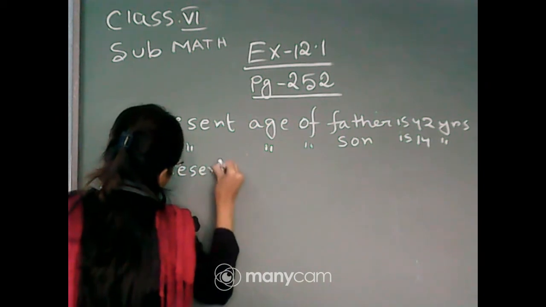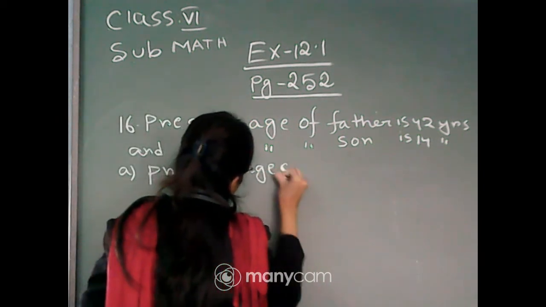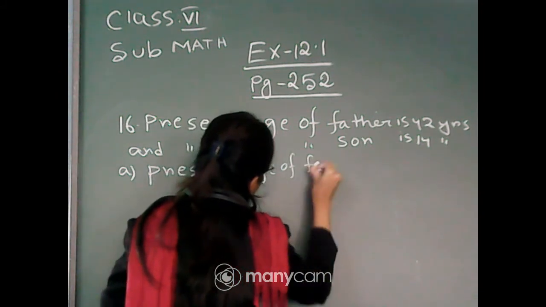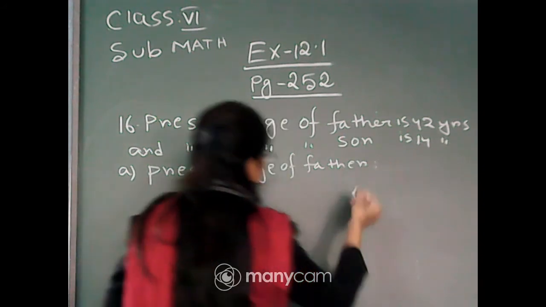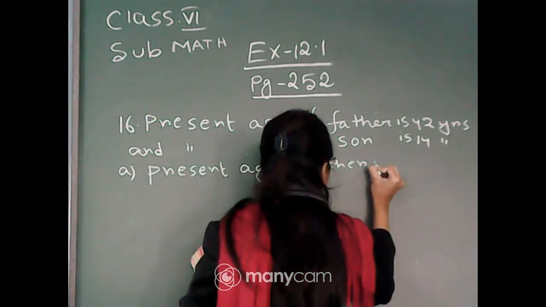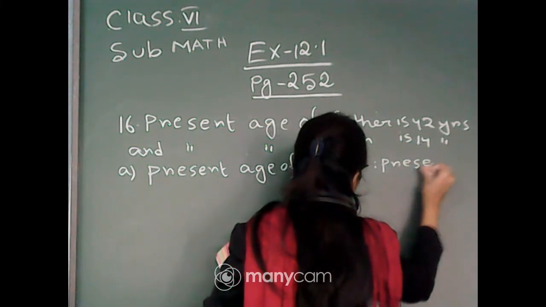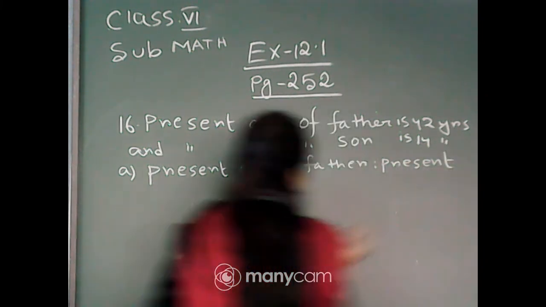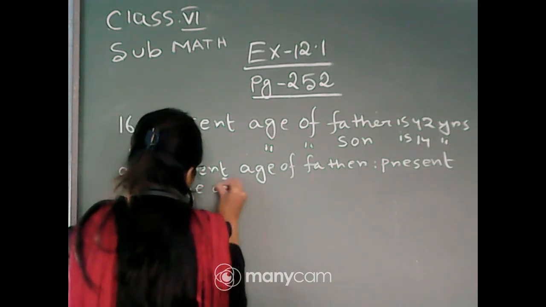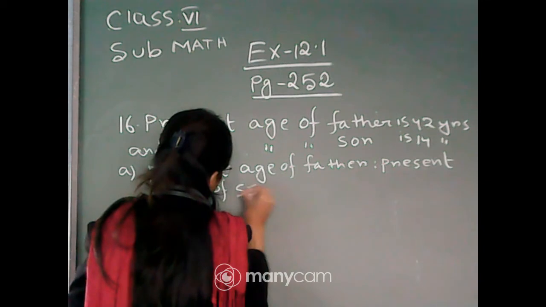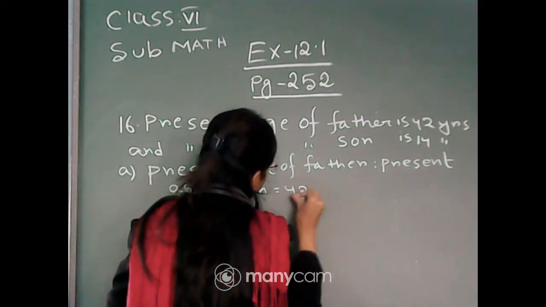Therefore, for question 16A, present age of father is to present age of son is equal to 42:14.